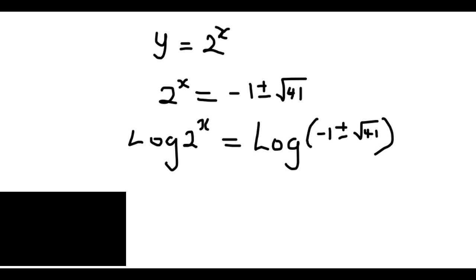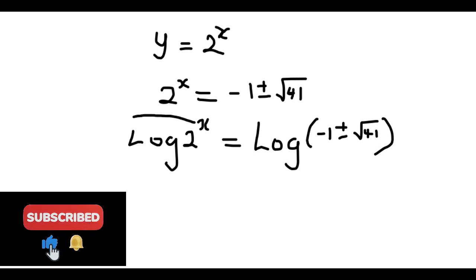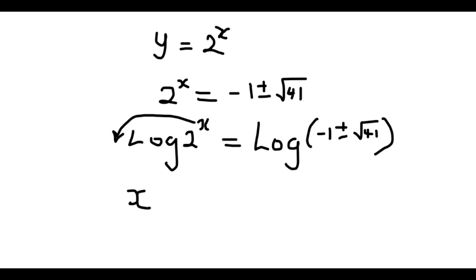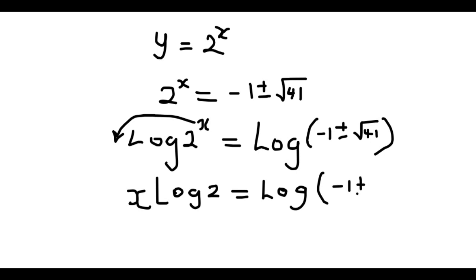So here our x will come down to this side according to the rule of logarithm. We now have x log of 2 equals log of, into bracket, minus 1 plus or minus square root of 41, close the bracket.